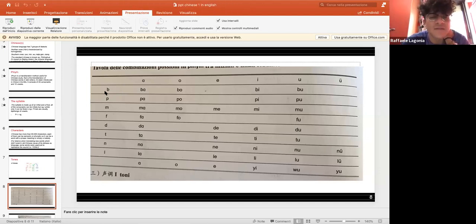While if you have the B alone, you will pronounce it like può, può. While if you have the P alone, you will pronounce it as a P, but a more aspirated sound.